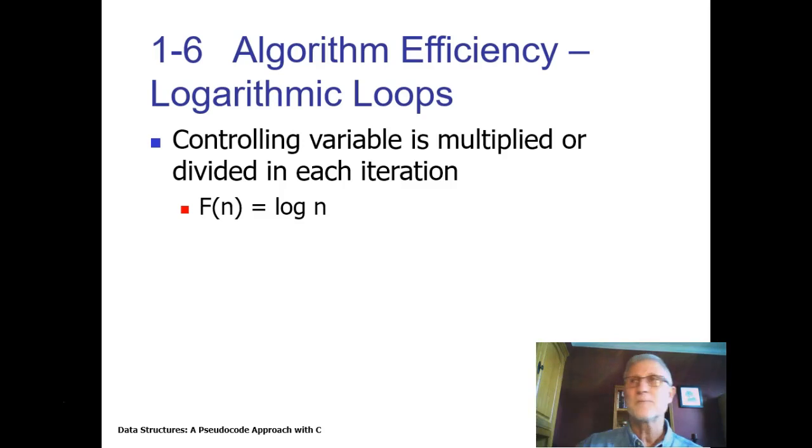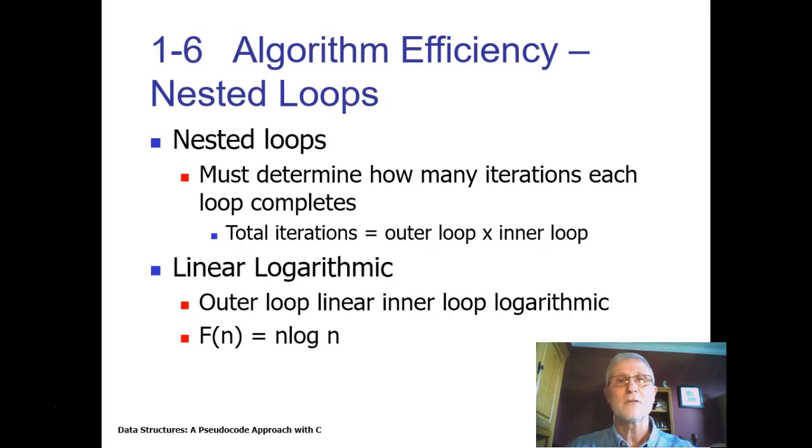The function equals the number of terms, so if I equals 10, 100, 1,000, it's a straight line. With a logarithmic loop, you're modifying the variable, multiplying it, so it's 2 times A, 2 times B, and so on. Once I start multiplying or dividing, it's a logarithmic loop.